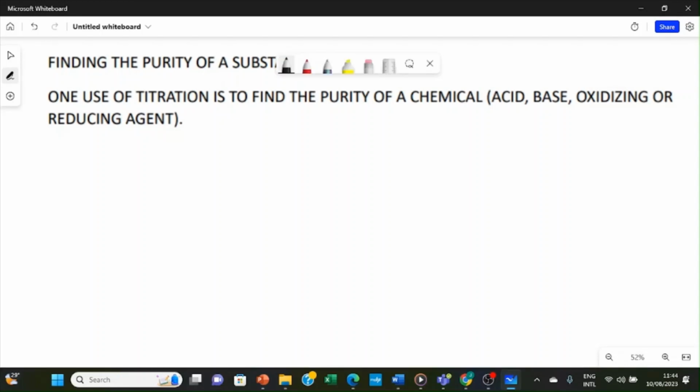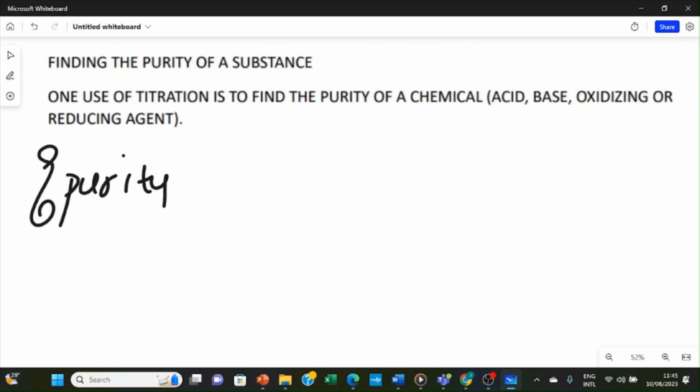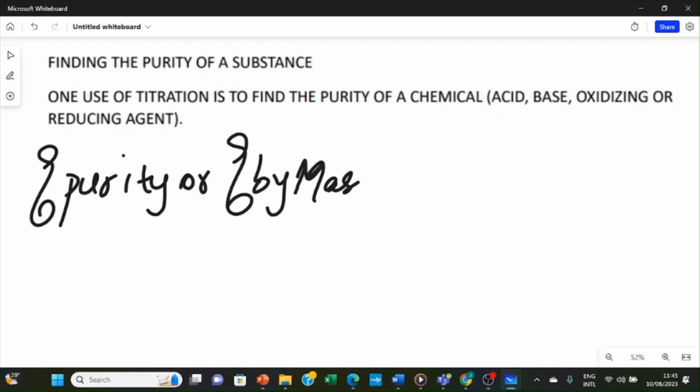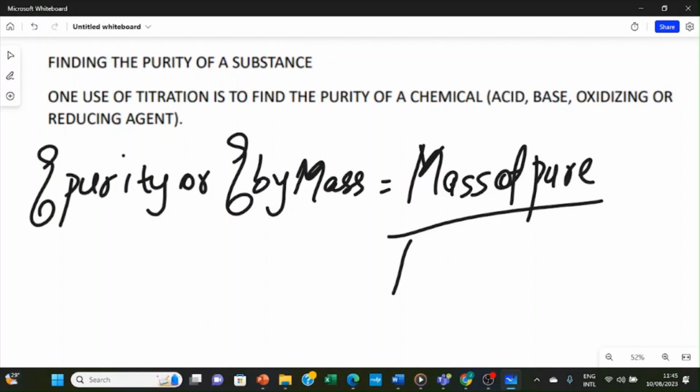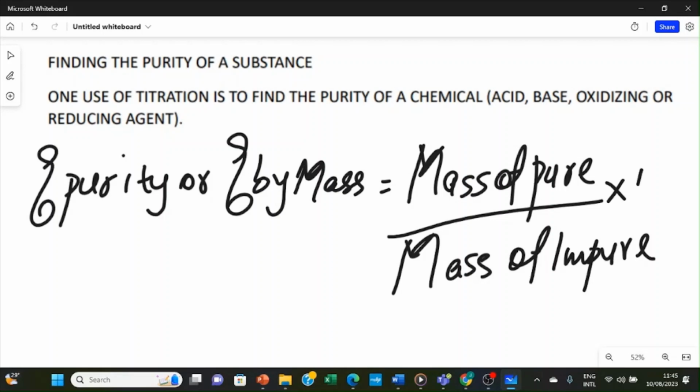Now, there's a formula we use to calculate the percentage purity. Percentage purity, or percentage by mass, will be equal to the mass of the pure substance divided by the mass of the impure substance, multiplied by 100 over 1.